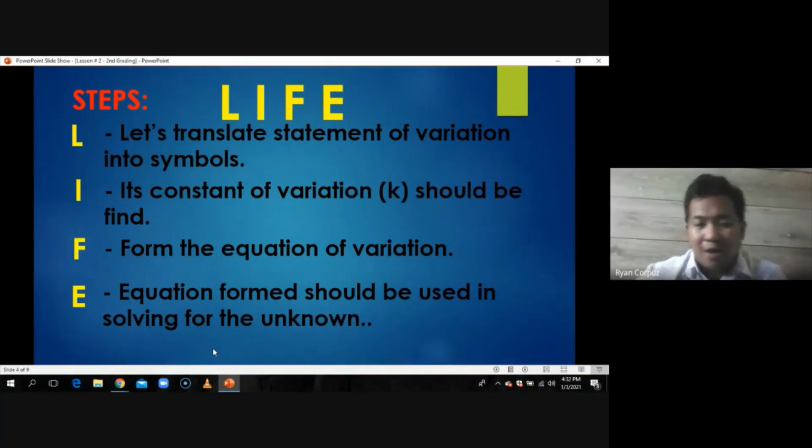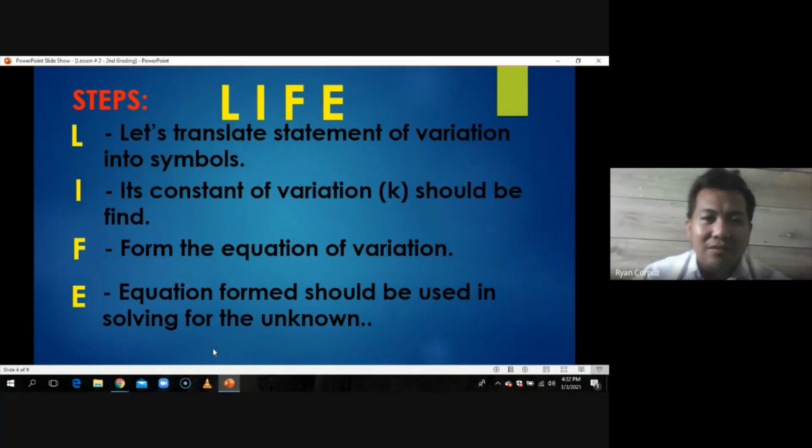So sa mga susunod pang kinds of variation na pag-aaralan natin, we are going to apply the same steps that we call LIFE. Every time we are solving variation, it reminds us to take good care of our life. Kasi yung buhay natin is isa lang, so pangalagaan natin yung buhay natin.